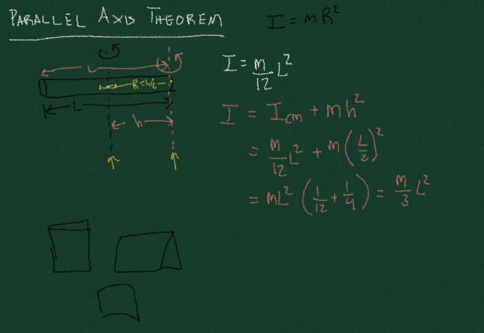These are all the same. But that's not true for the moment of inertia. Each one of these would have a different moment of inertia. And even in the same orientation, if originally I'm going about this axis, and then I start spinning around this axis, these are going to have very different moments of inertia.